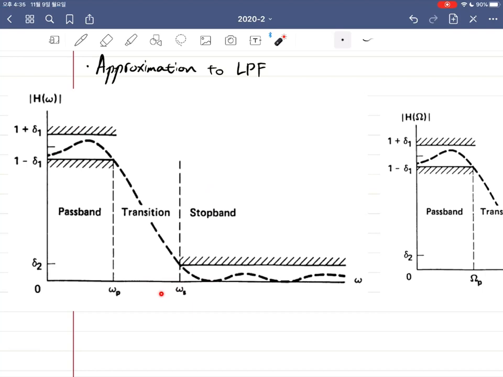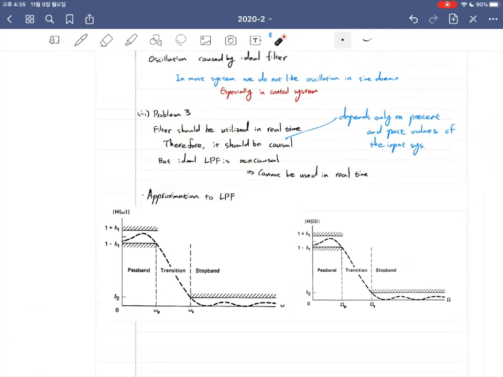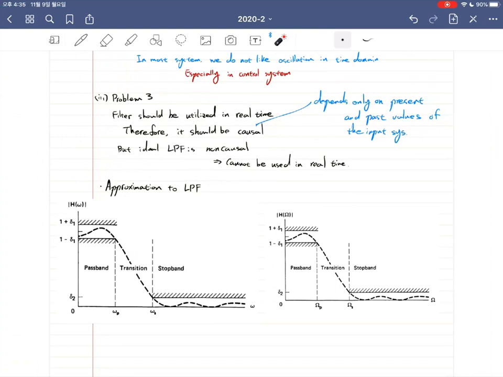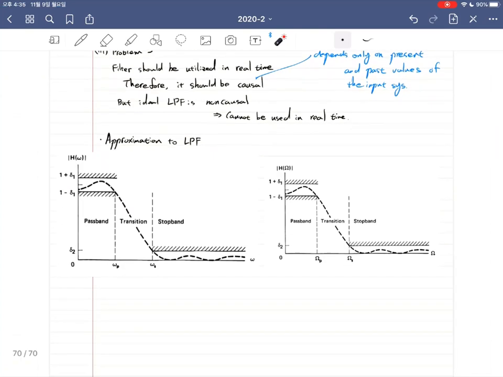And as you try to have a small amount of transition part, as you try to cut this filter in a sharper way, then the three problems that we saw with the ideal filter start to occur.